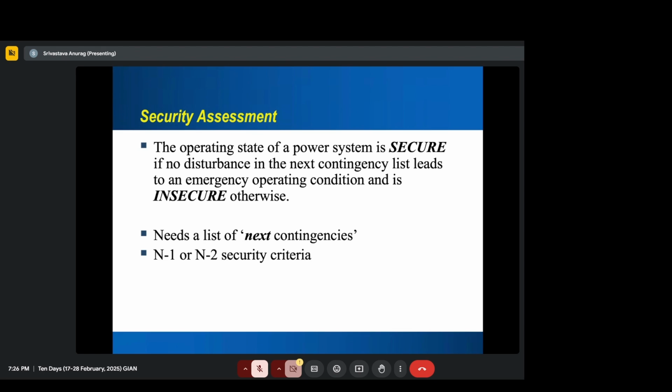And you cannot pair a contingency with itself, so the same contingency cannot happen twice. So n minus 2 will be a much bigger number, in the millions, while n minus 1 will be based only on the number of components.